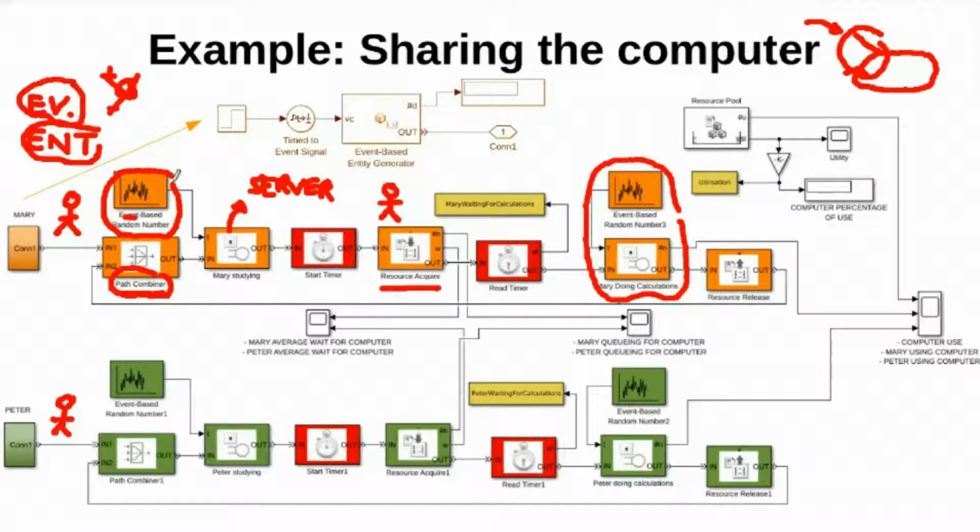At any time, depending on this probability density function, Mary will be out of this block, okay? Later on, I will explain the timer, okay? But now, go to the next orange block. This is the resource acquire. If the computer is idle, Mary will take the computer and both will enter the Mary doing calculations, okay?